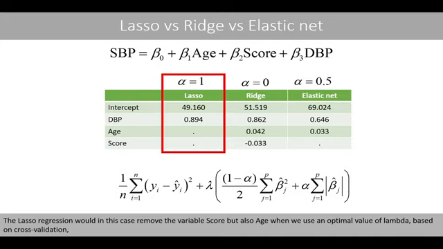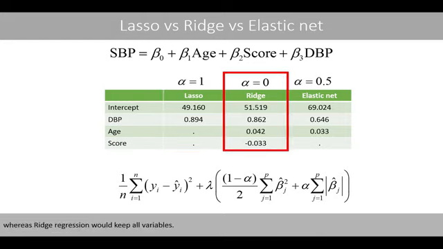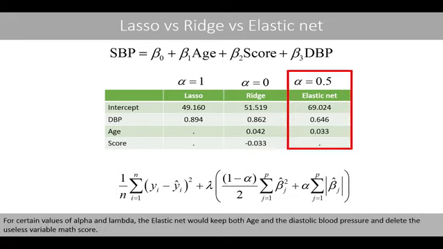The Lasso regression would in this case remove the variable math score, but also age, when we use an optimal value of lambda based on cross-validation, whereas ridge regression would keep all variables. For certain values of alpha and lambda, the elastic net would keep both age and the diastolic blood pressure and delete the useless variable math score.